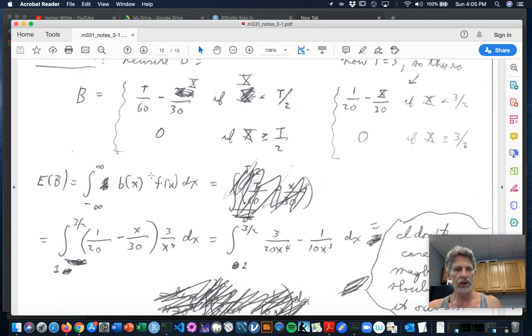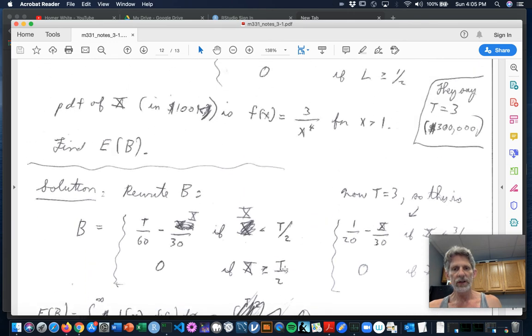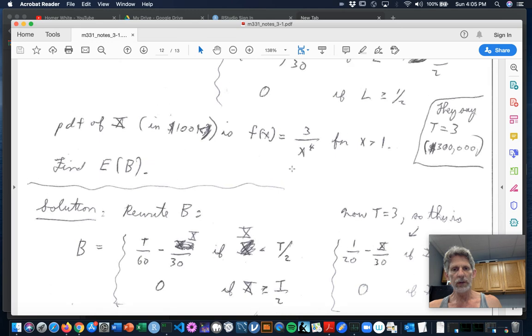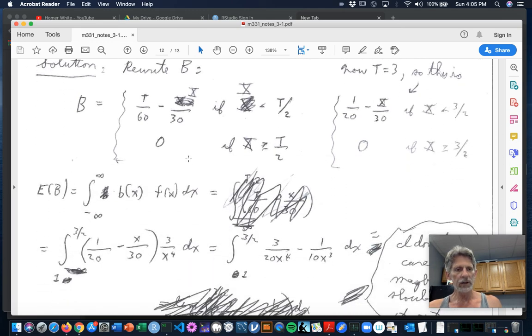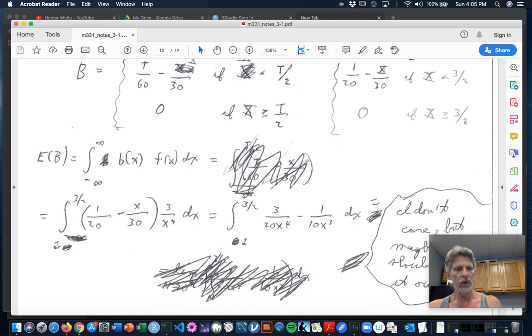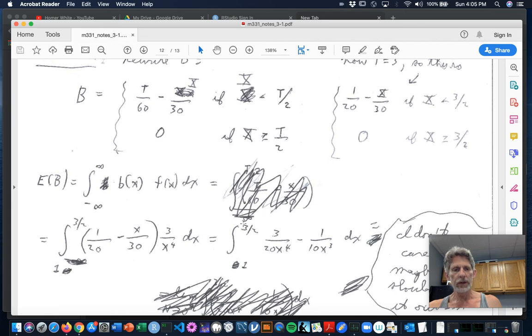What's the support of little f? Well, remember, it was just X bigger than 1. So I know that little f will be 0 for all the x's less than 1, so I start at 1. I also know that this b of x function here is going to be 0 once the losses go over 3/2.